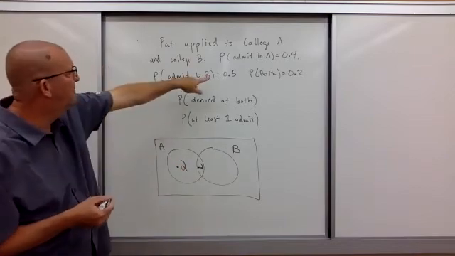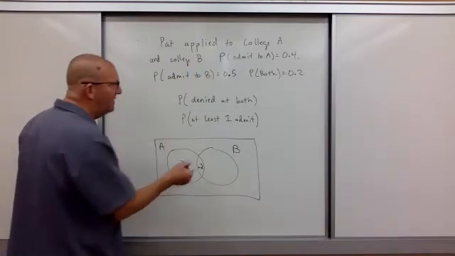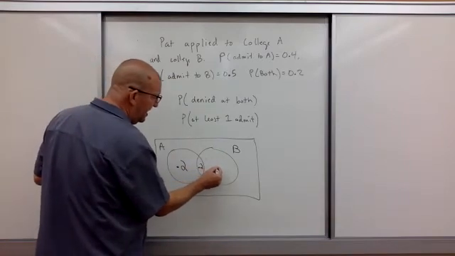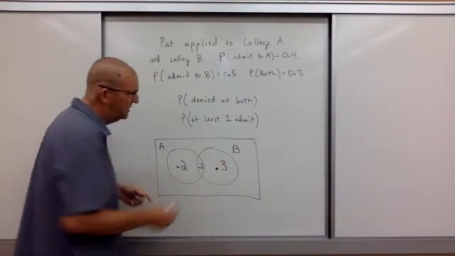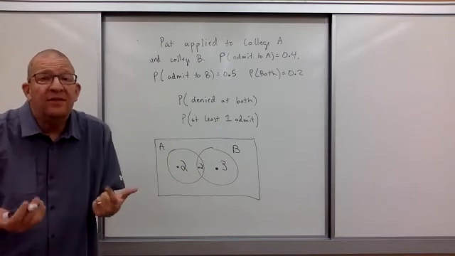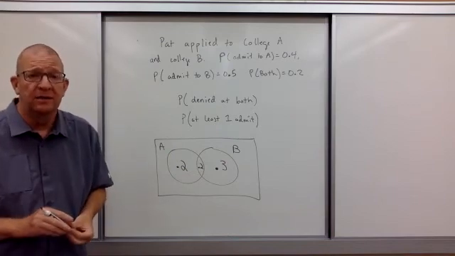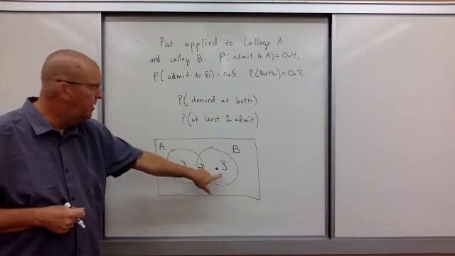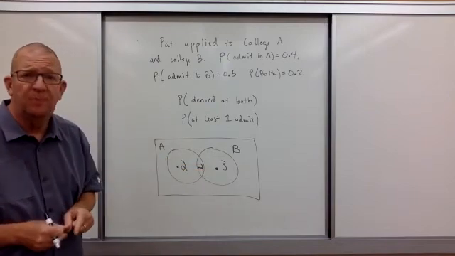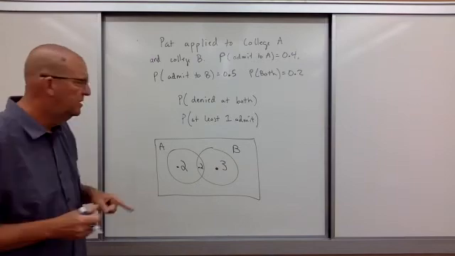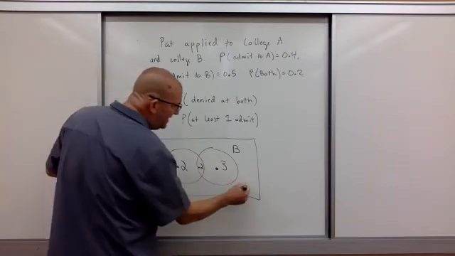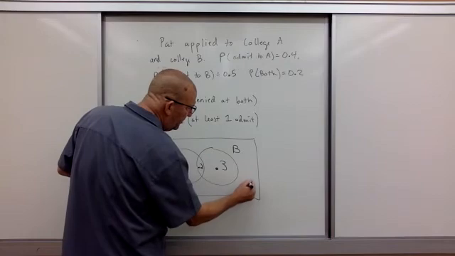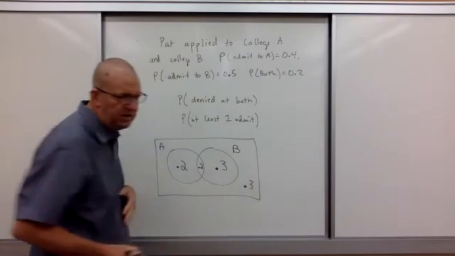And the probability for B was 0.5, so this must be 0.3. And this is a valid probability model. So 0.2, 0.2, 0.3, that's 0.7. So what must be in this space out here? That also must be 0.3.